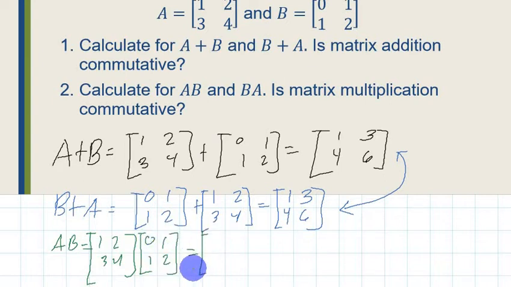After performing the operation, I'm not going to show in detail how it would happen. This one would become 2. And this one would end up with 5. This one would end up with 4. And the last entry would be 11. So this is the product A times B.